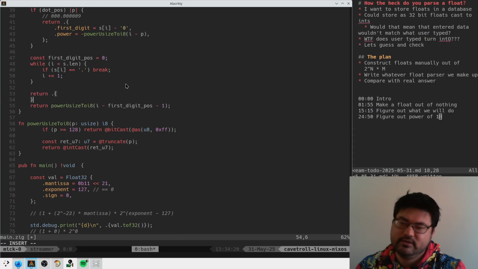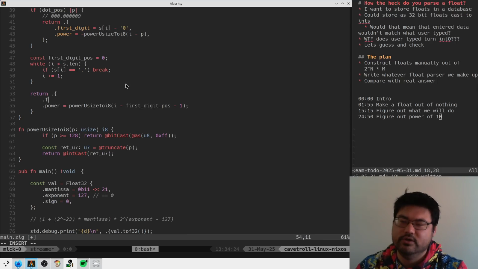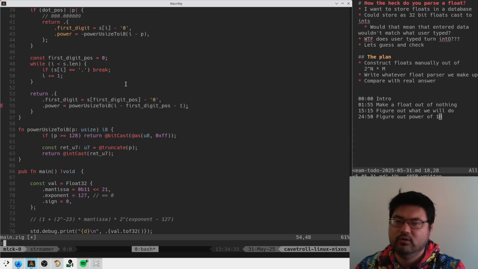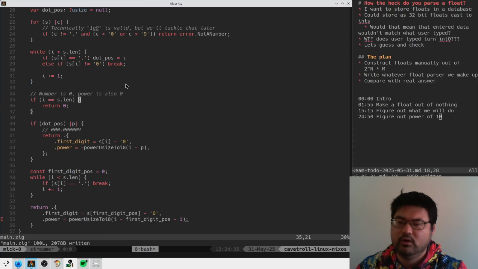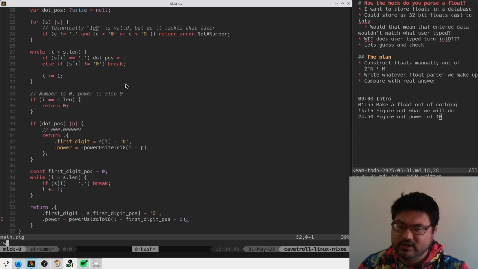Return this. Okay. So then first digit is going to be S first digit pause minus O. And then I guess we probably have to do this here as well, right? No, because at this point we've found a digit.